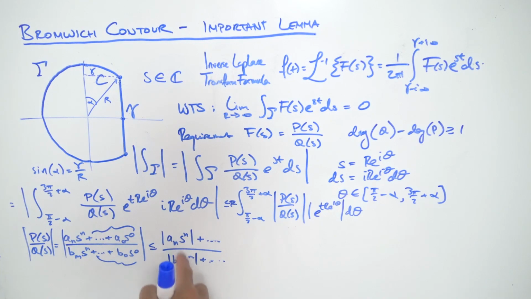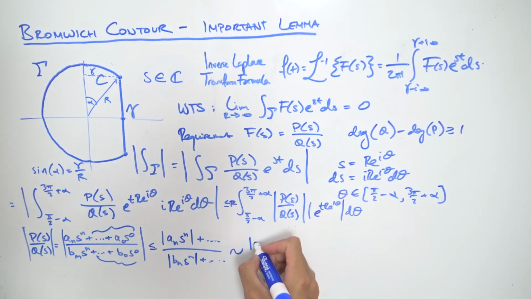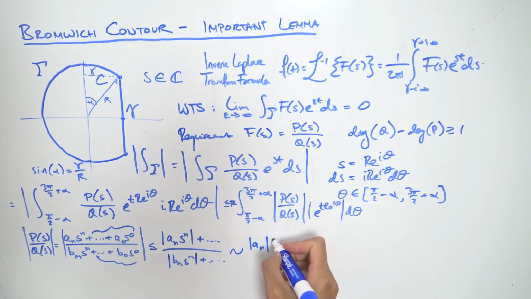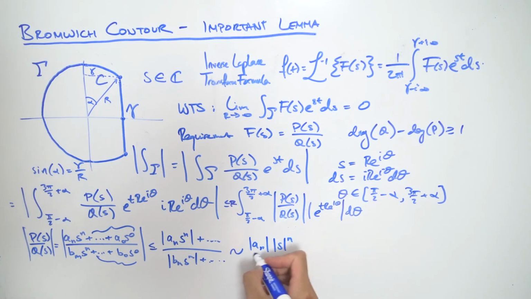Remember that the modulus of s is getting really big. So these dominant terms are what really matter. So we can say this is asymptotically equal to the absolute value of a_n and then the absolute value of s to the n over the absolute value of b sub m and then the absolute value of s to the m.